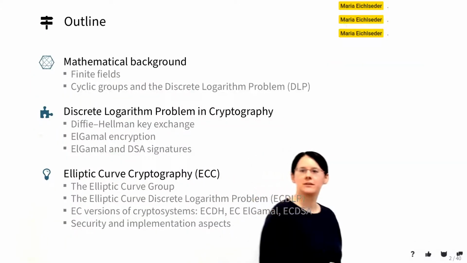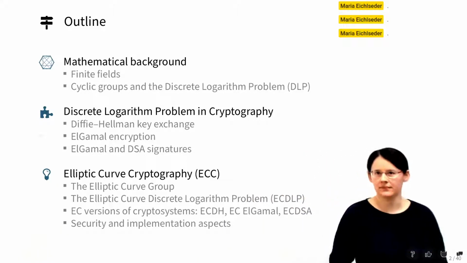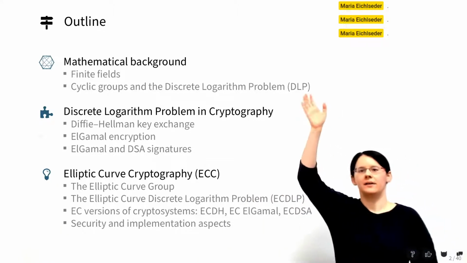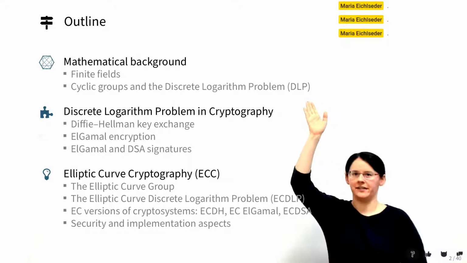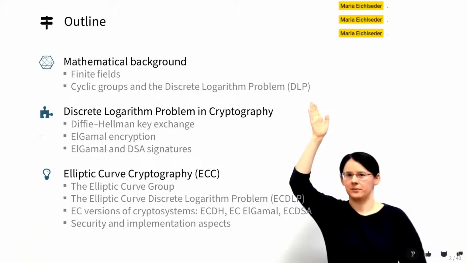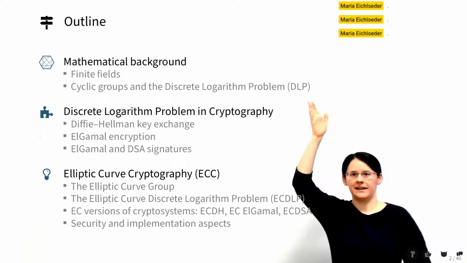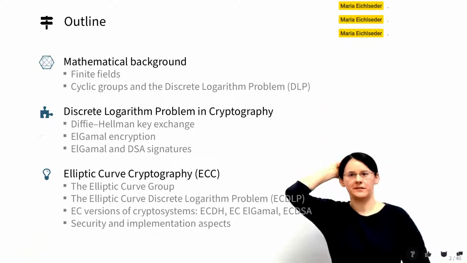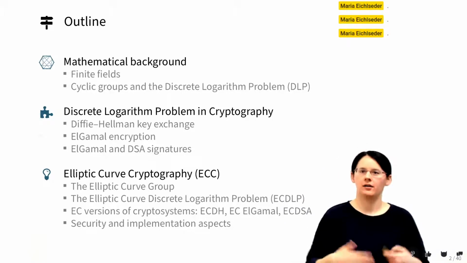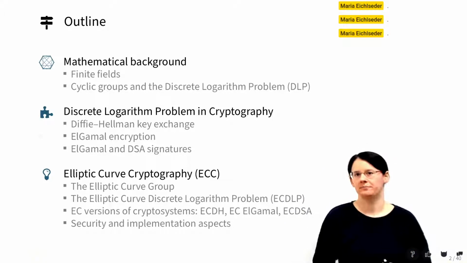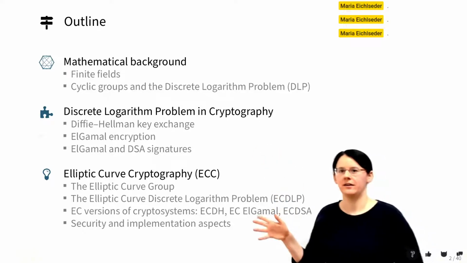So in some more detail, what's the plan for today? We will first have a look at what finite fields are, how we can define them and how we can use them in crypto. Second, we will introduce the concept of cyclic groups, which is based on the stuff we already heard last week, but we will need some additional vocabulary. Then we have these 2 main parts.